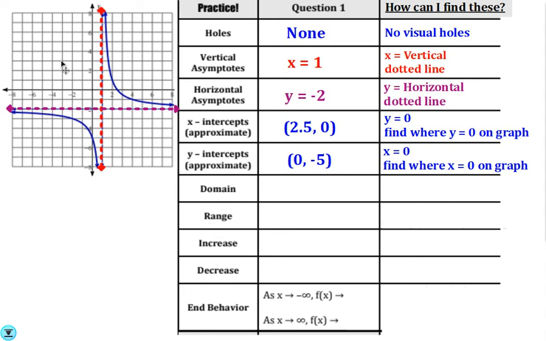Domain, range. Domain, if we only have one vertical asymptote, and if we had multiple, we would skip around with our vertical asymptotes, like when we talked about having multiples. So we're going to go from -infinity, this direction, up until our vertical asymptote right here, which is at 1.